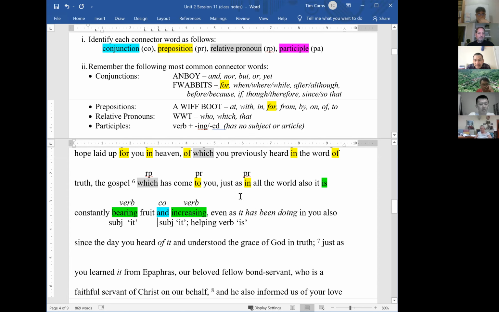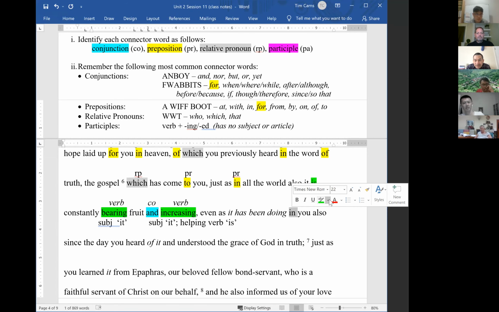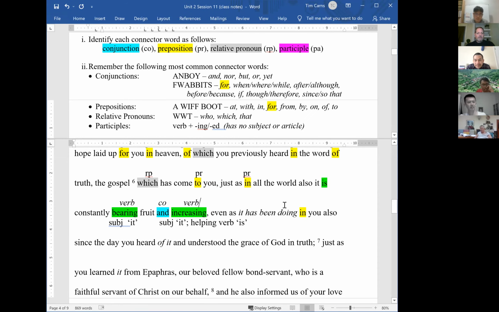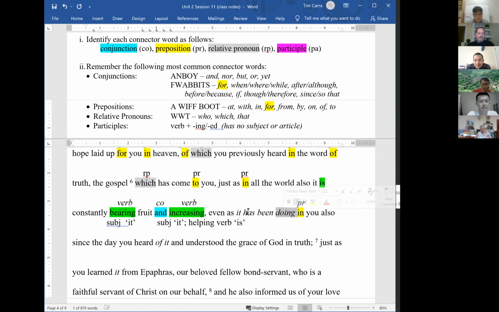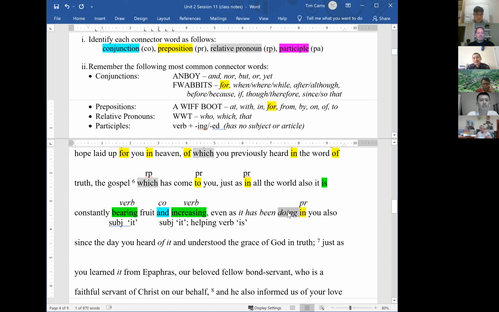And in, doing in you, is a preposition. Yes. And then notice we have this doing, and it's the same thing. It has been doing. So this is also a verb here. I'll highlight it in green for the same reason. The subject is it.